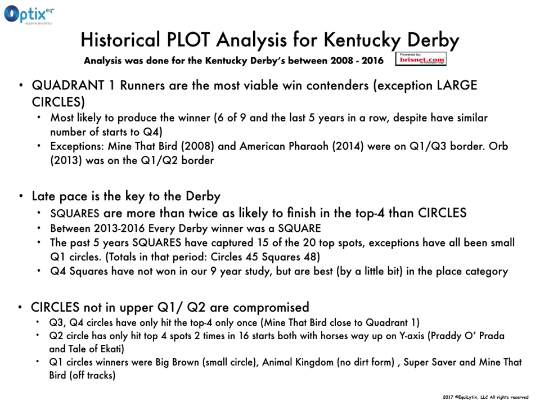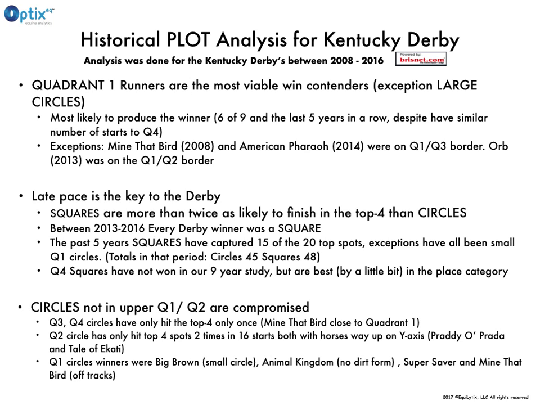Q1 circles can win, so keep that in mind. Small circle on Big Brown. Animal Kingdom was the biggest circle to win, but he was a little bit jaded because he had no dirt form, so it probably wasn't a very accurate plot in the case of Animal Kingdom.